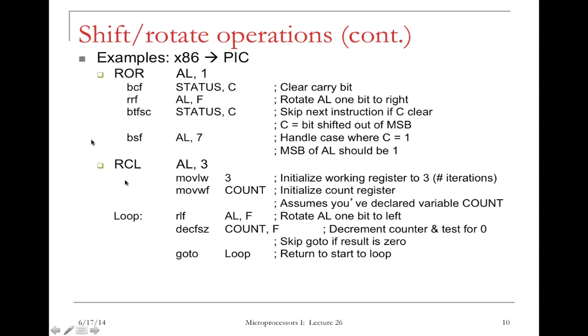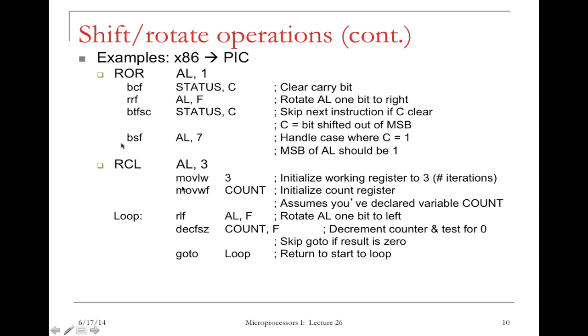In the next example, we do RCL. This is actually going to go through the carry bit. And here we do AL, 3. That is to say, we're going to rotate through the carry bit to the left for 3 bits. This is a multi-bit. So you can see this is our first example of a loop structure in PIC.